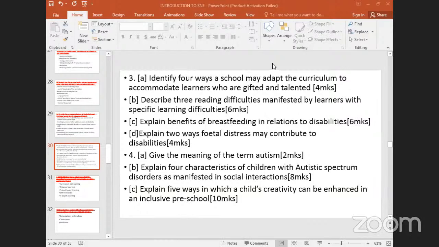How I understand this question, adapting is like changing or modifying the curriculum to suit the gifted and talented.